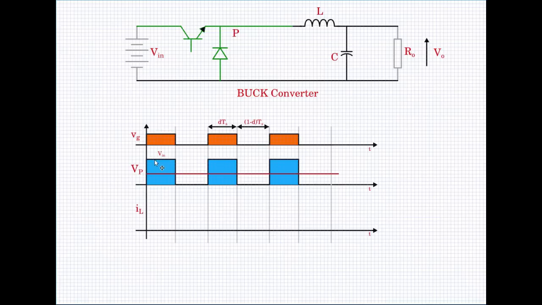Vin in this area, and this portion will get averaged out. This will fill up here, and then you will get a smooth DC, and that is our V0, which is Vin into D. Vin into D is the average of the blue waveform.